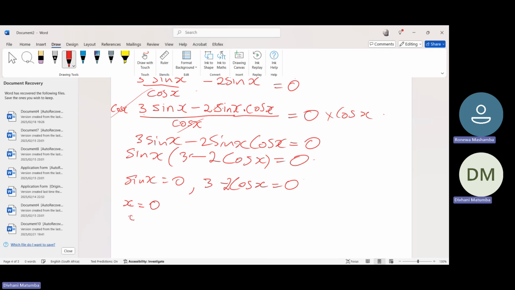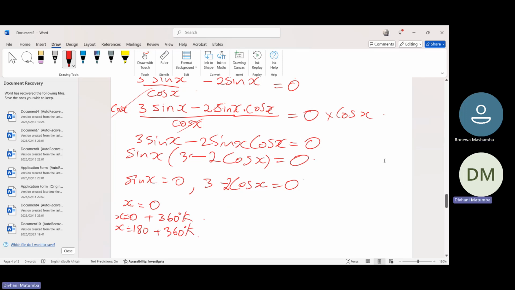So x equals 0 plus 360 degrees. And the second statement, we are dealing with a sine, by the way, is going to say x is equal to 180 minus 0, plus 360k.